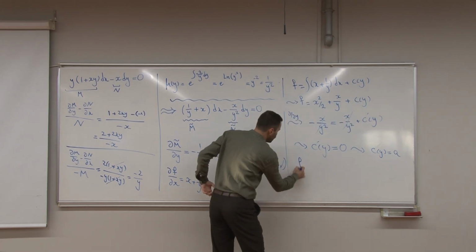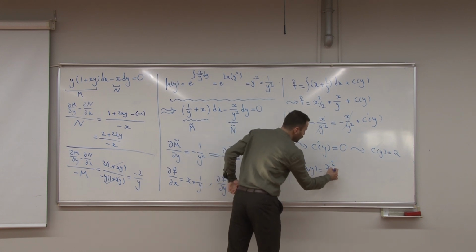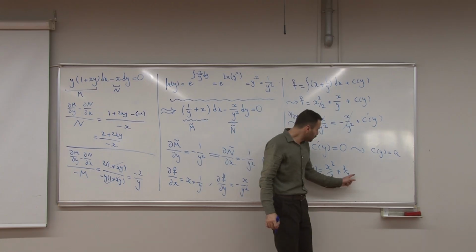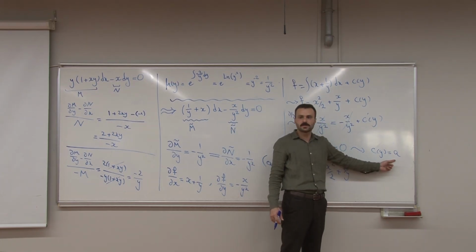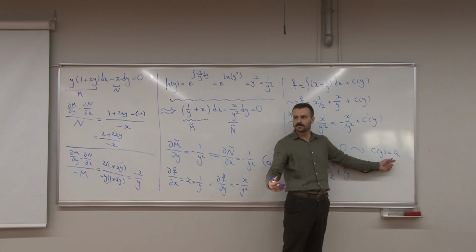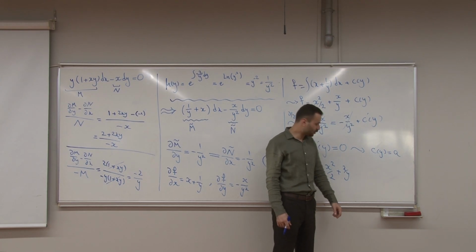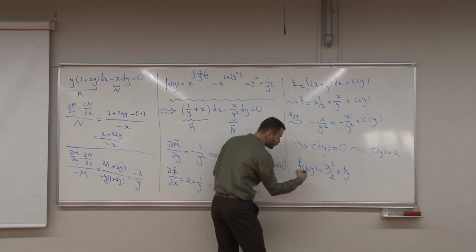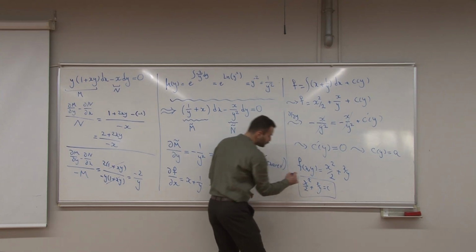So f of x y is going to be x to the power of 2 divided by 2 plus x divided by y plus that constant, and let's choose it as equal to 0. It doesn't make it less general. So the solutions are going to be x squared divided by 2 plus x divided by y equal to c.